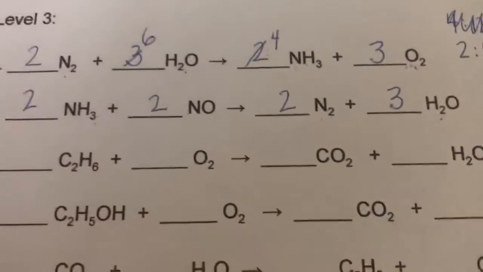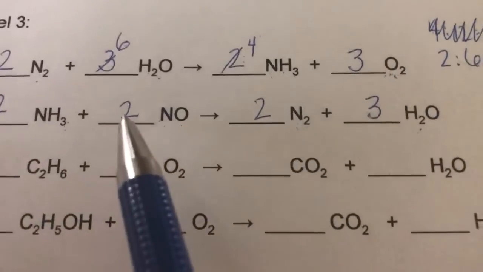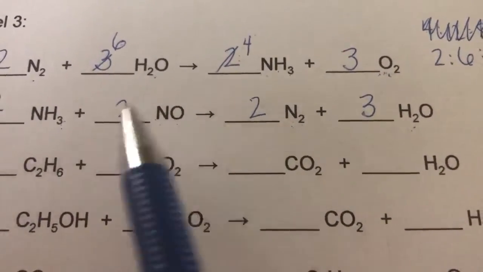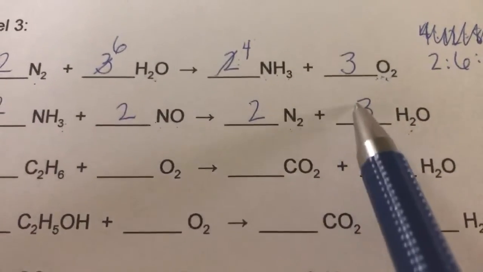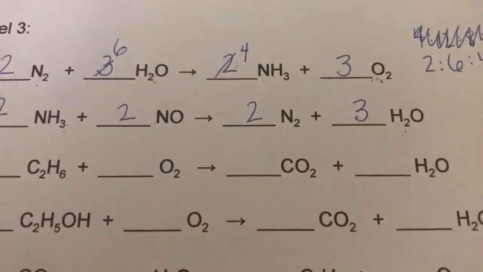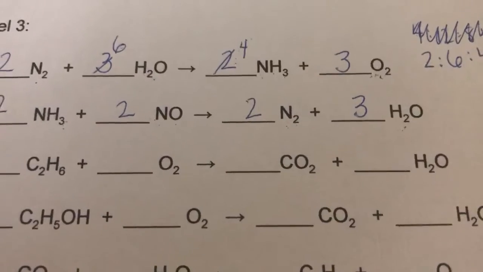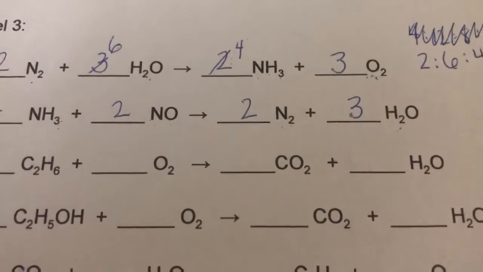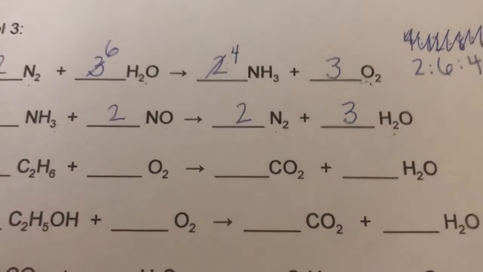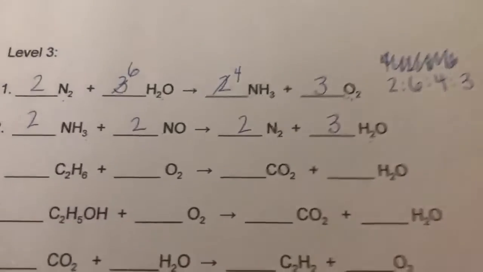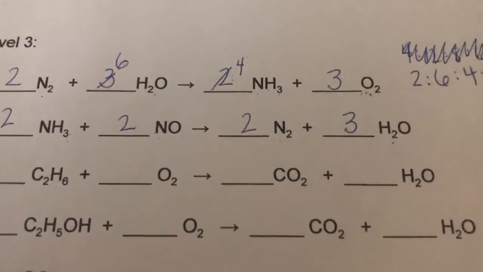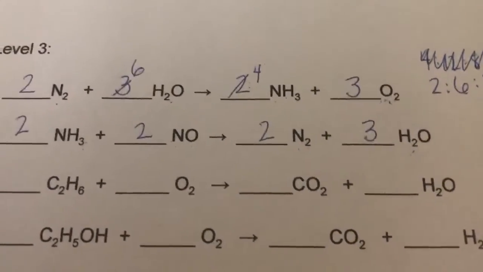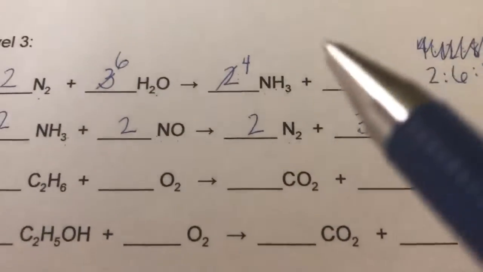My problem area is going to be my oxygen, because now I have 2 oxygens on the reactant side, but I have 3 oxygens on the product side. Well, what did we say when you have an odd number? When you have an odd number, let's double our coefficients. All right, so let's do this.